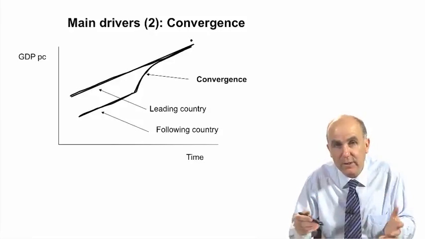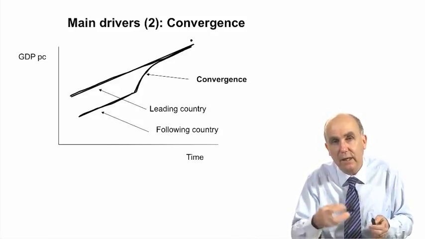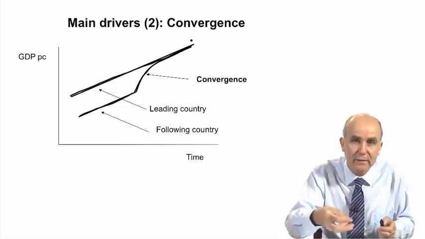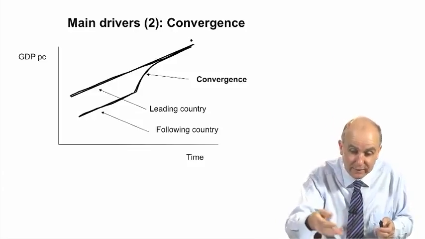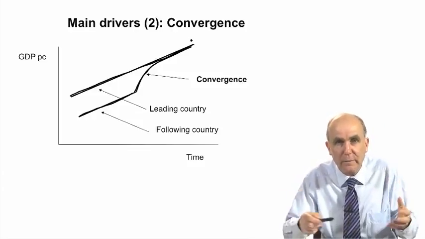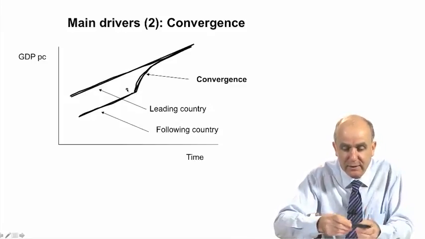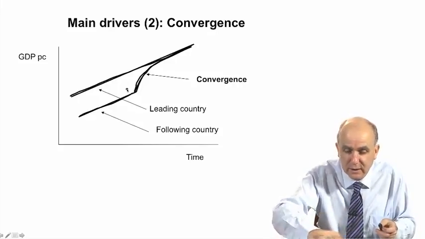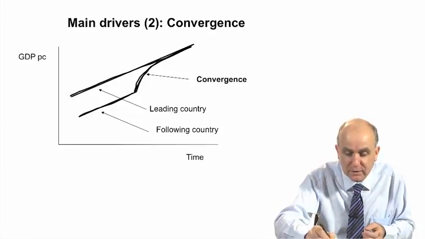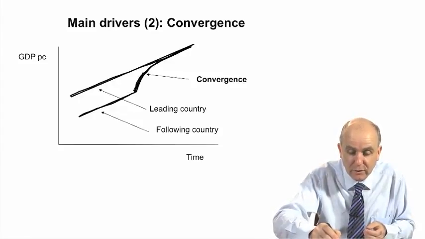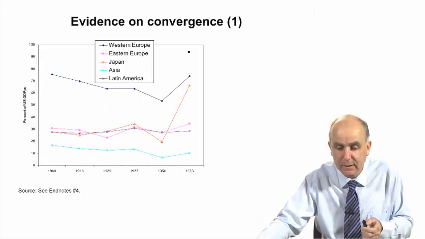And so the second reason we can see rapid growth during this period is the idea that countries in Europe were taking these technologies from the United States and implementing them in their economies, and therefore their level of GDP per capita, because they're now using this frontier technology, is going to move towards the United States. And that's going to be associated with a more rapid rate of economic growth while that convergence is happening.